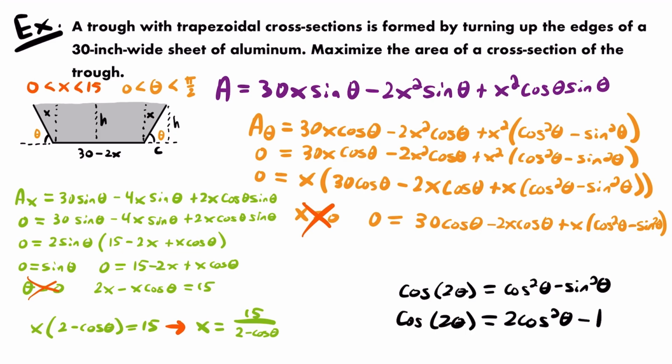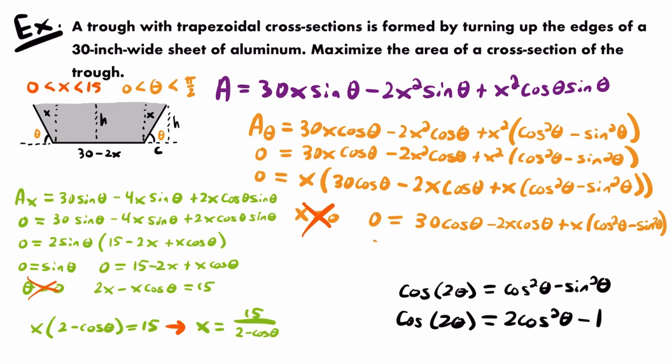So what we can do here is this. We can say that this expression, cosine squared theta minus sine squared theta, is equal to cosine of 2 theta, which is also equal to this expression. We can just replace this expression with that, and we will no longer have any sines in our equation or any double angles. Okay, so that's what I'm going to do here.